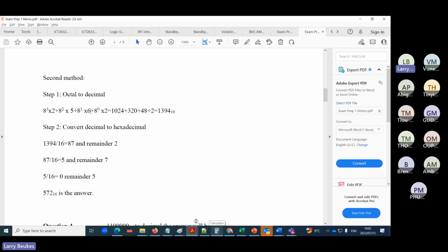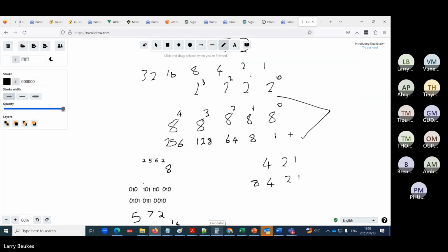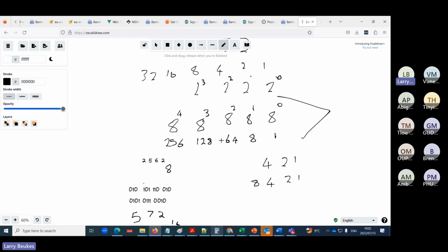Okay, let's just confirm. So the first one is this one, 2. We're going to say 2 multiplied by 8 to the power 0.